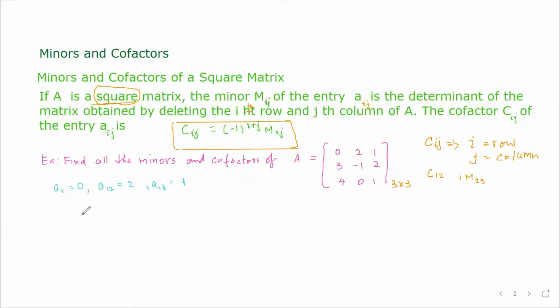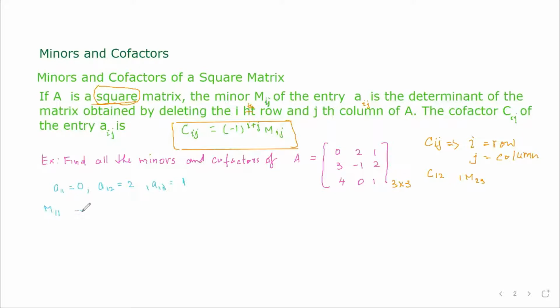If I want to find the minor, that means we have to find minor M11, M12, and so on, every term from there. We start from minor 11. Minor 11 means first row, first column.